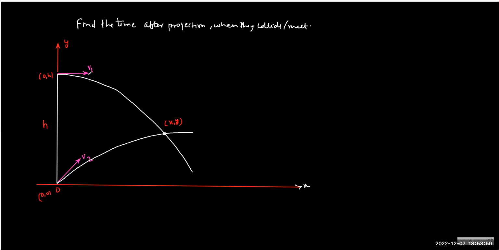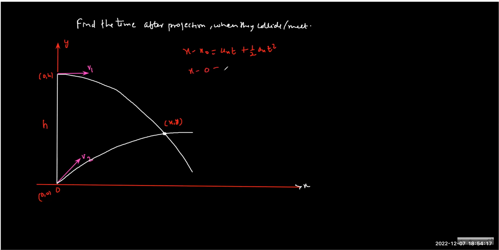You know the initial velocity, you know the acceleration in the x direction. So you can write the x coordinate: s equals ut plus half a t square, or x minus x naught equals u x t plus half a x t square. So you can find the x coordinate of each particle after time t and equate it because they have the same value.